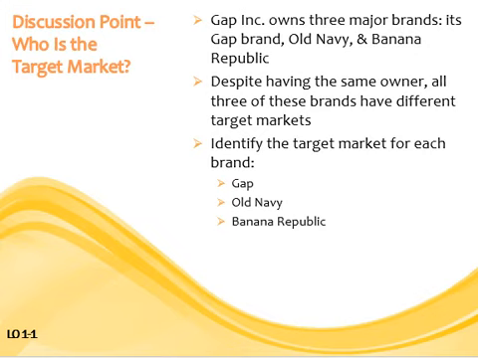So please try to identify the target market for each brand. Are you familiar with these brands? Maybe you bought their products online or by visiting shops in different countries: Gap, Old Navy, Banana Republic.